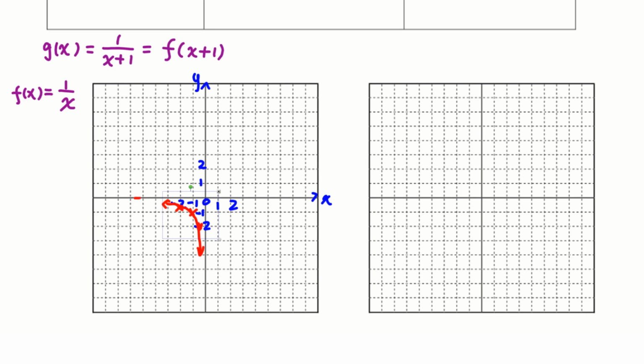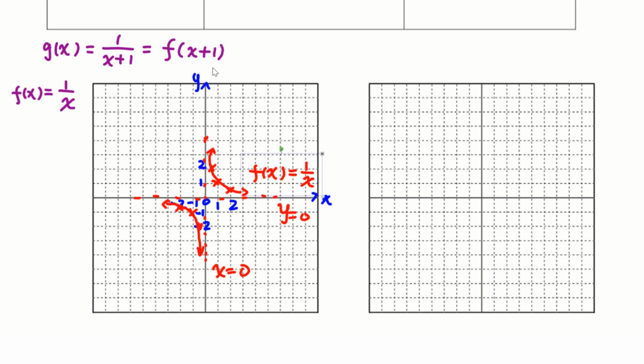And we draw the asymptote. X equals 0, y equals 0. So this is y equals 0. Another one is x equals 0. Then 1 over 2, 1 divided by 1, 1 divided by 2. Then this is parent function f at x equals 1 over x.